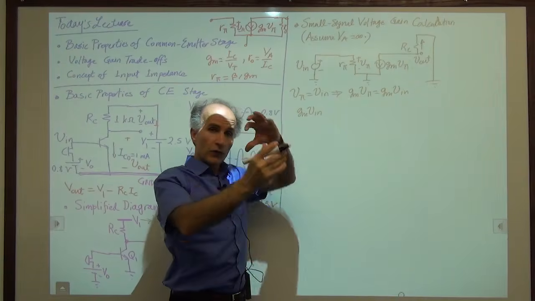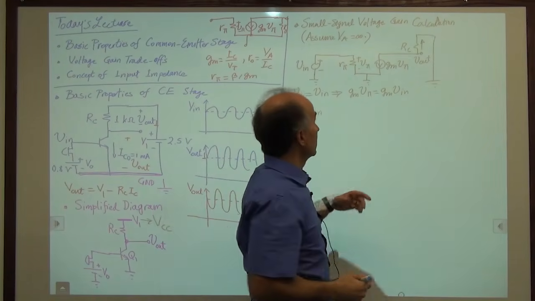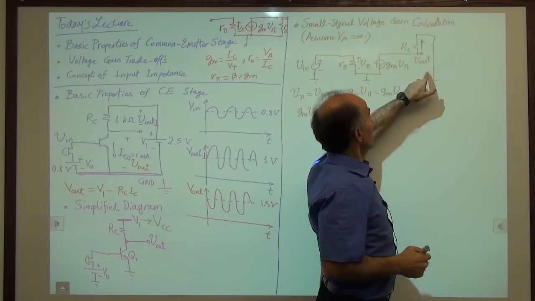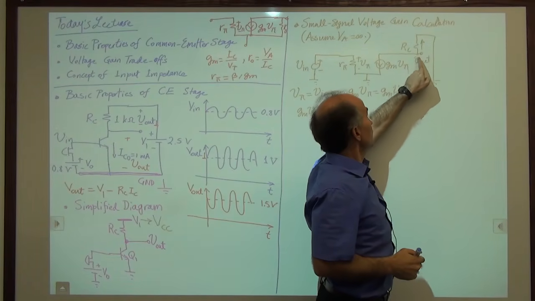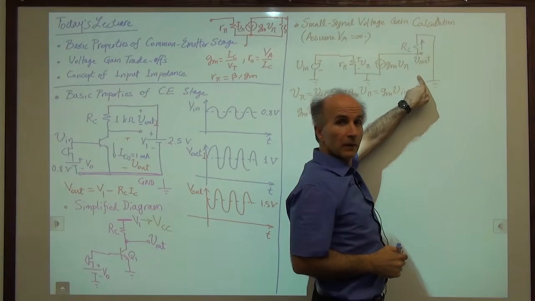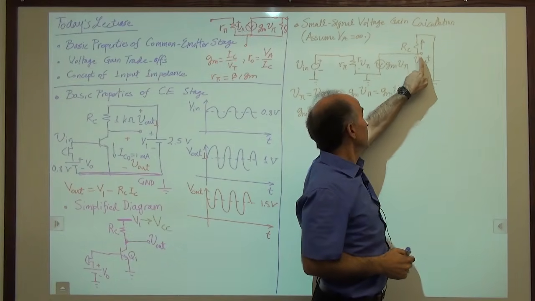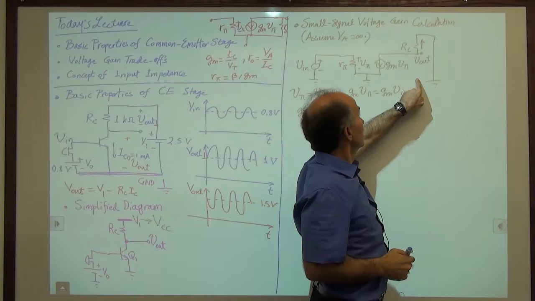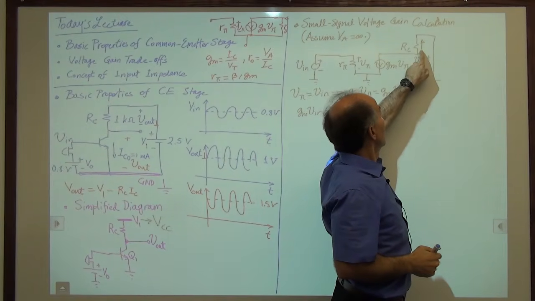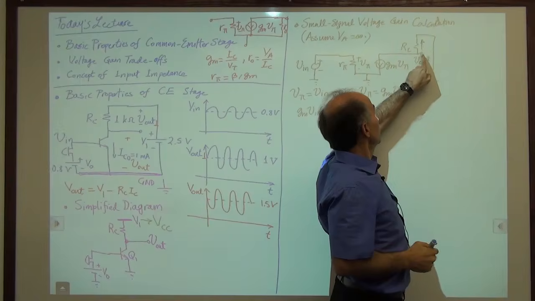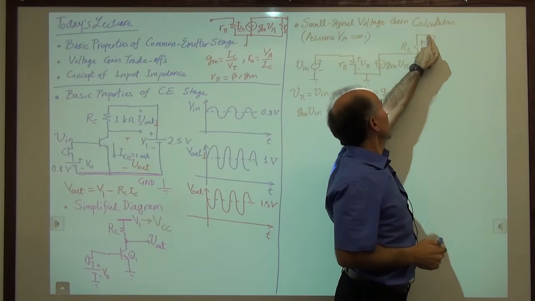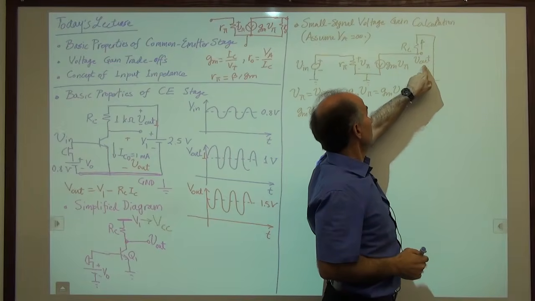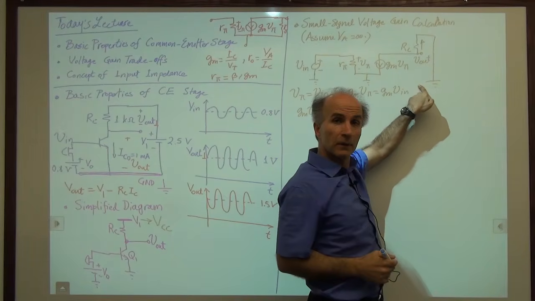Now you have to twist your mind around a little to see how much the current is. Well, Vout appears from this node to ground. So positive here, negative here. And the voltage that would give us this current would be the voltage from here to ground, which is actually the same thing as Vout.